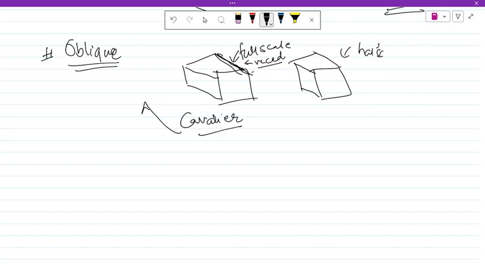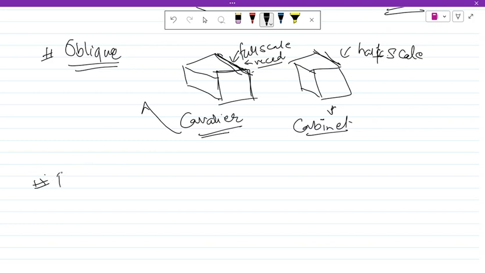This is half of the object. The front view is the same. Then if this is half, it is known as cabinet type of oblique view projection. Cabinet and cavalier: the receding line is full scale for cavalier, and the receding line is half scale for cabinet. Now, this is the end of parallel projection.